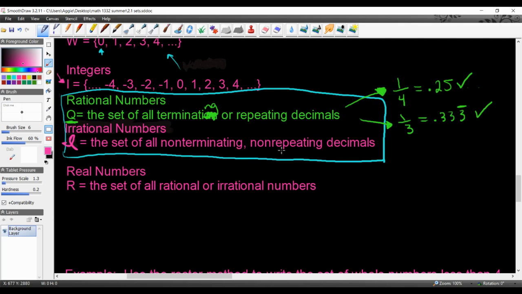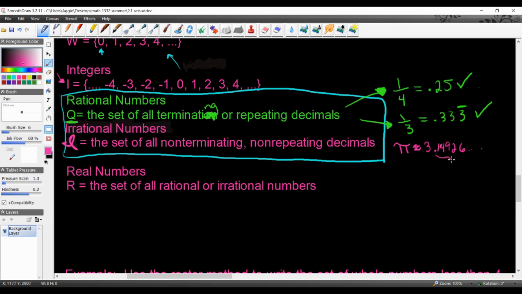So in other words, let's say I had, I'm going to pick one of the more popular ones, the number pi, okay? pi is approximately equal to, because it's not equal to, 3.14926, and I don't know what else. But it goes on. It goes on and on and on and on.